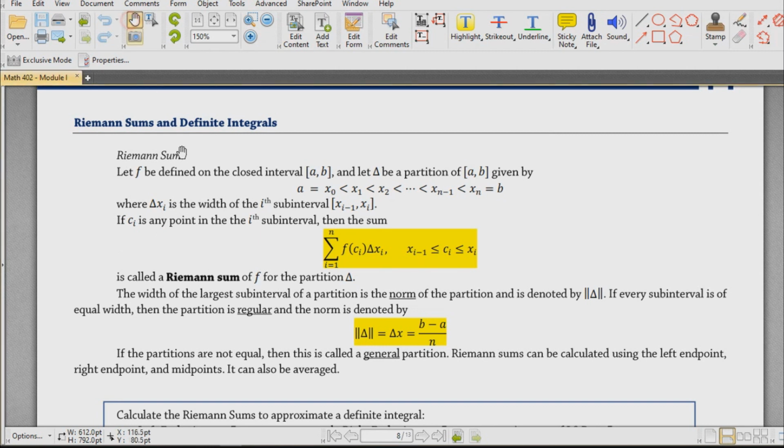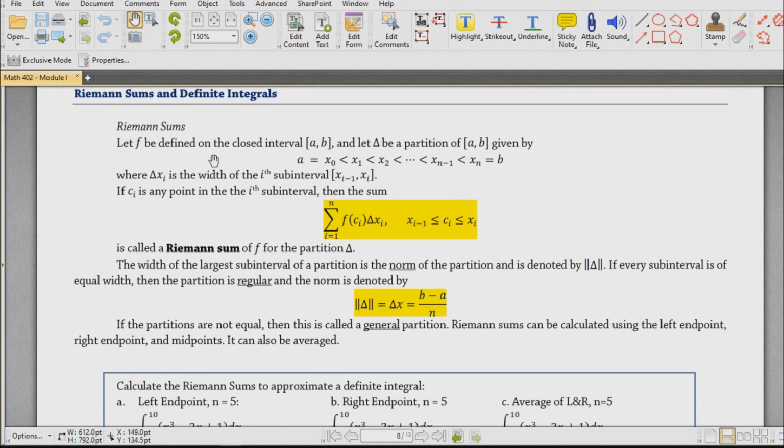Now, Riemann sums: if we have a function f defined on the closed interval [a, b], and we let delta be a partition of [a, b], then a going to b will have a lot of intervals in between. So for example, we have a equal to -5 and b equal to 4. These x values from x sub 0 to x sub n could be any value between -5 and 4.